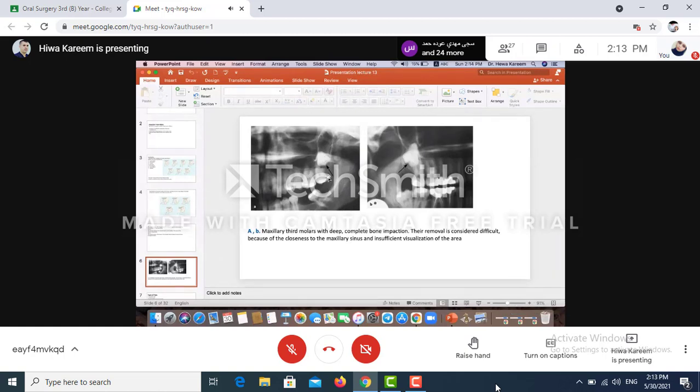When you try to extract a deep upper third molar, the tooth can go inside the maxillary sinus and make a problem or complication for the maxillary sinus. If the tooth is very deep, especially the upper third molar, no need for removal.